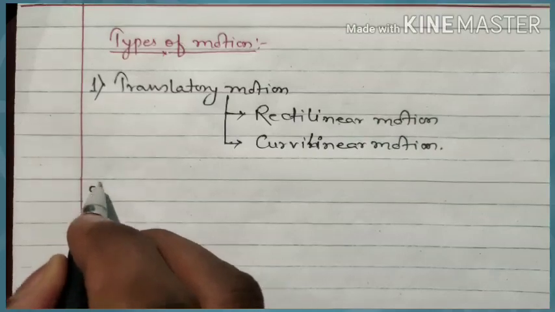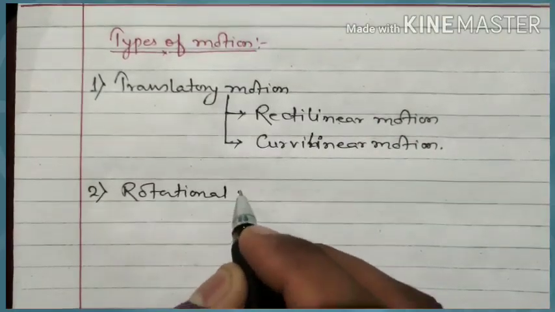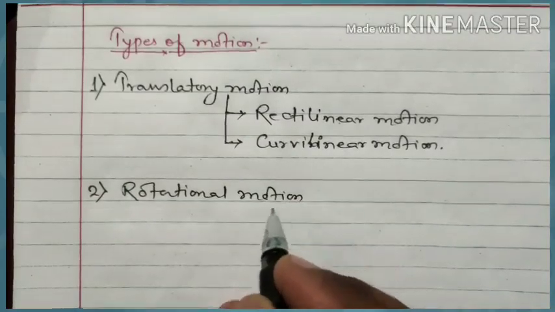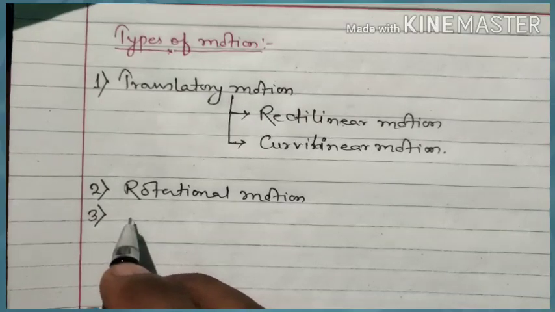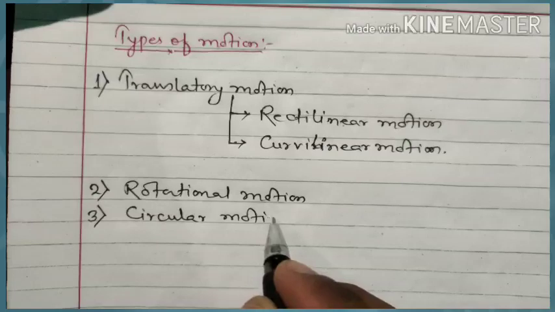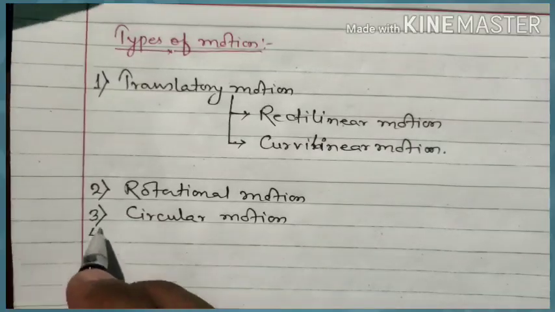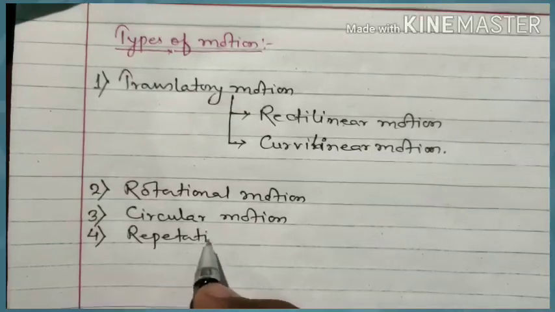The second type of motion is rotational motion. The third type of motion is circular motion.